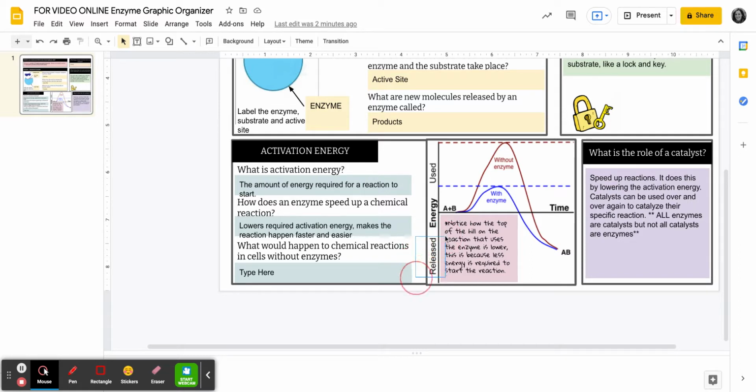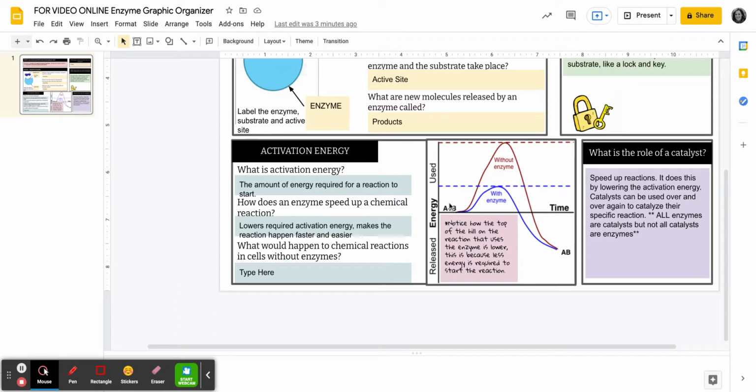Therefore, energy is released. So if we're talking about exothermic versus endothermic reactions, exo means it's released or exited. Endo means it's brought in, okay, or introduced. So this would be an exothermic reaction because the reactants are higher than the products, or we are losing something. It is exiting. It's exothermic, okay?